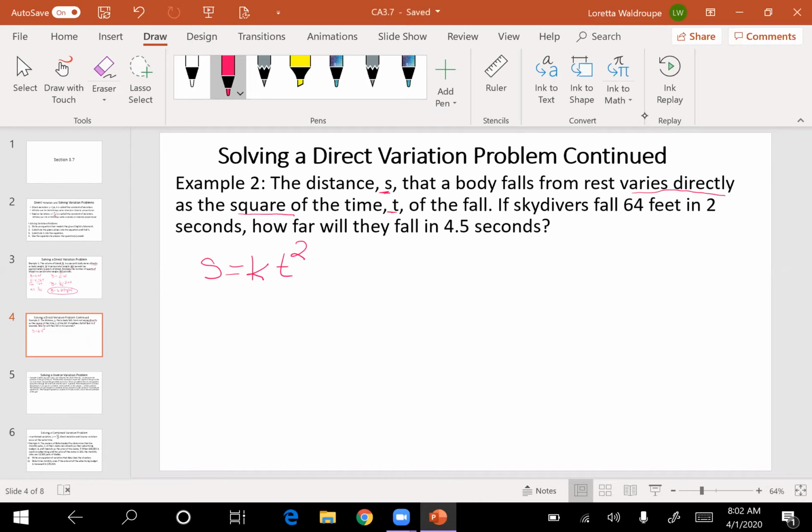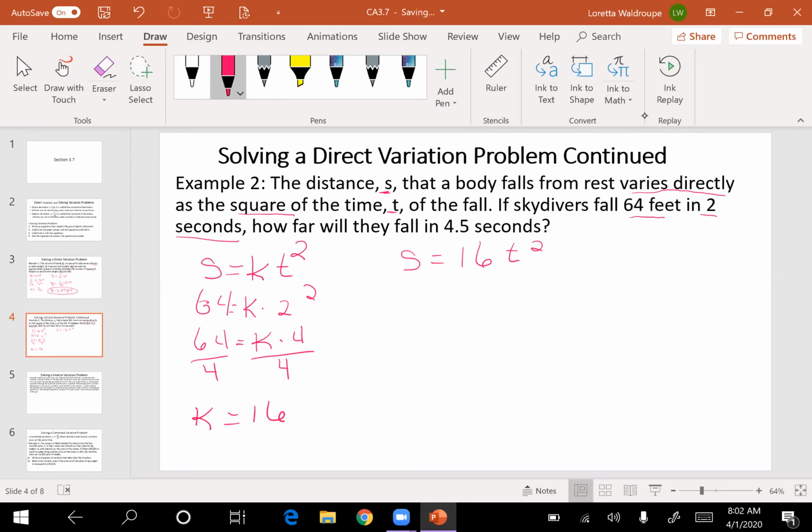So, if a skydiver falls 64 feet in 2 seconds, so the seconds is 2, and the distance they fall is 64. Square my 2, divide both sides by 4, and I get K equals 16. So now I can rewrite my equation as S equals 16 T squared.